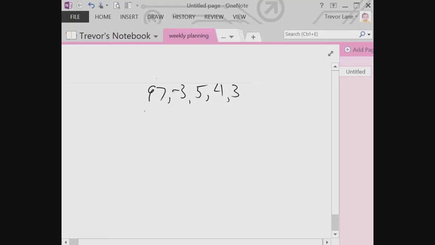Essentially what it does is it looks at each number and it compares it against each one until it gets up to the end. And then it starts over again and it repeats the process, and it continues to do this.